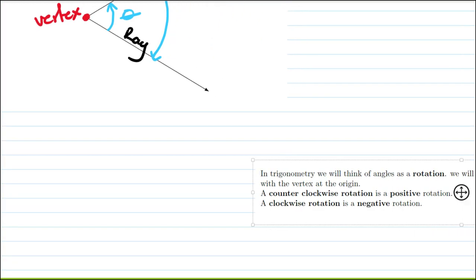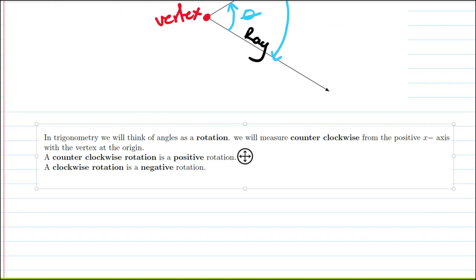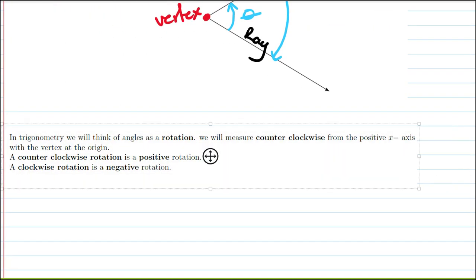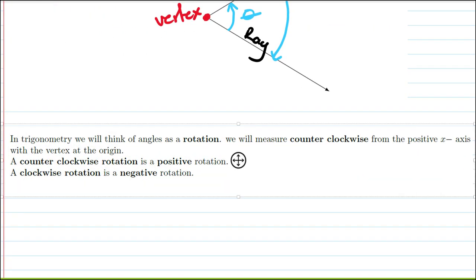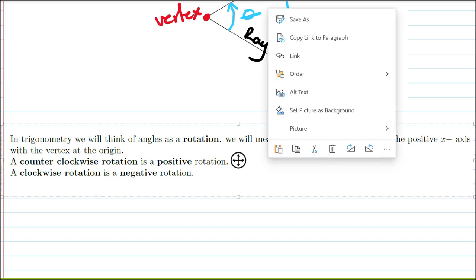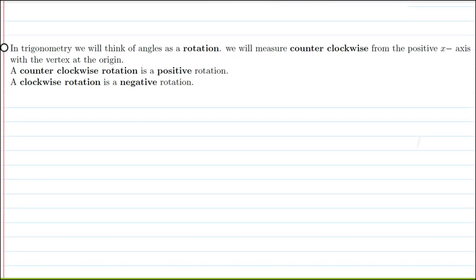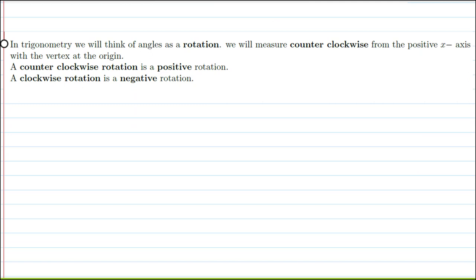The rotation will be measured counterclockwise from the positive x-axis, with the vertex being at the origin. We're going to define a counterclockwise rotation to be positive and a clockwise rotation to be negative.